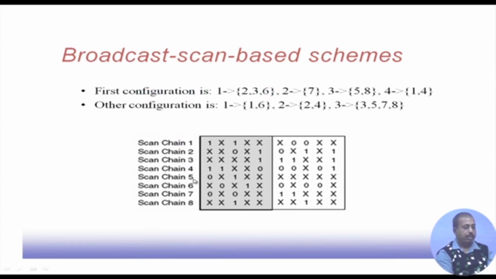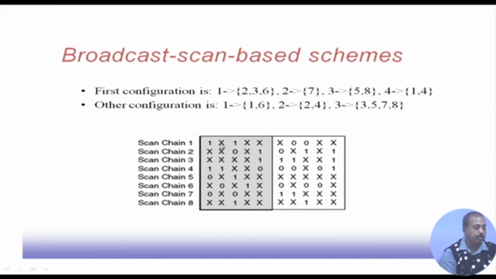So, this is a typical example. If you look into this particular structure, suppose scan chain 1 will get this particular pattern, scan chain 2 is supposed to get this pattern. Now, you see that scan chain 1 and scan chain 2 are compatible to each other.